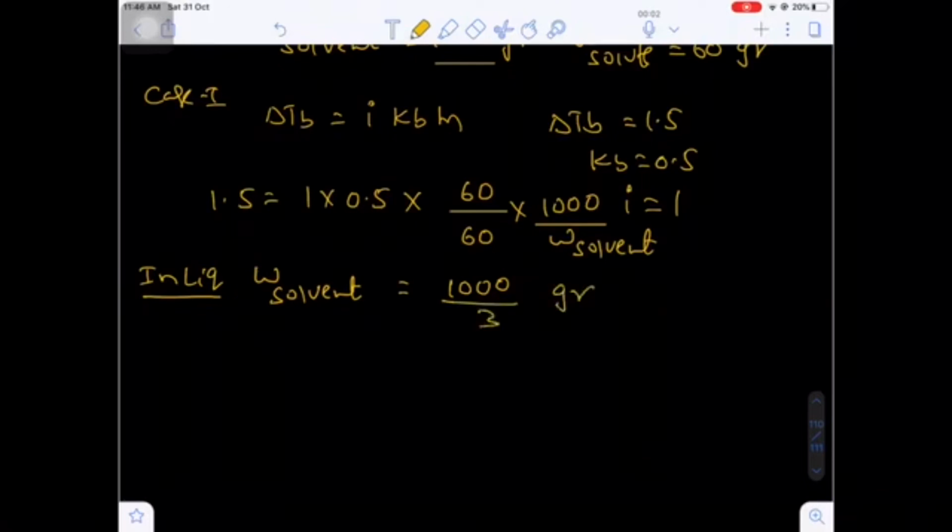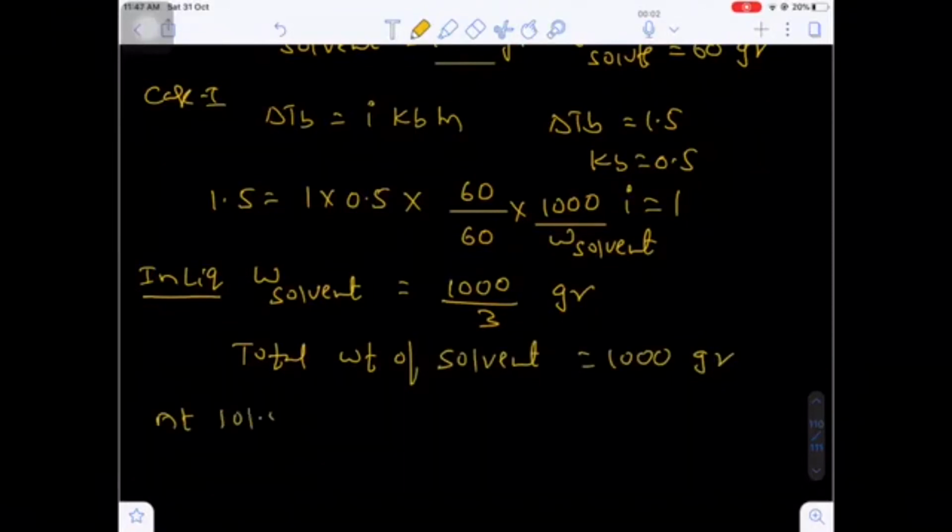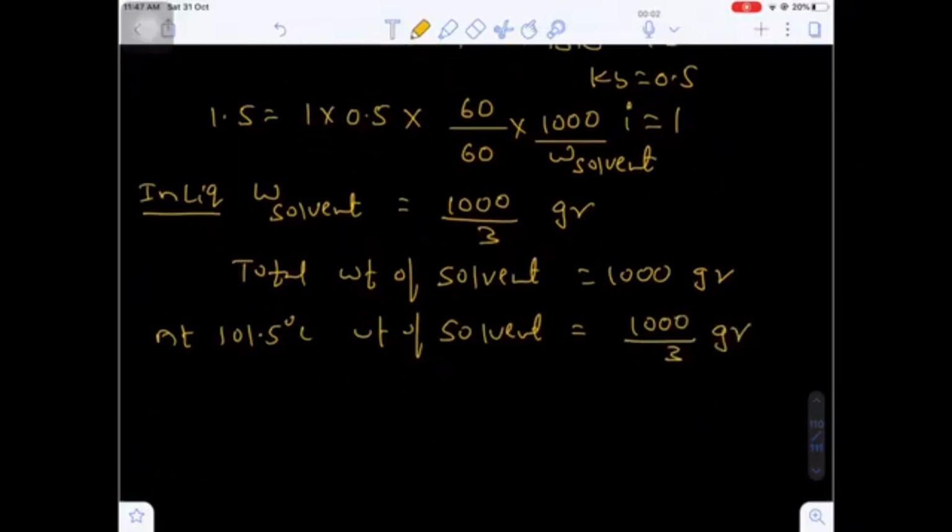Actually, the total weight of solvent will be 1000 grams. Okay. Now, at 101.5 degrees Celsius, what is the weight of solvent? Still solvent is present at 101.5 degrees. That will be 1000 by 3 grams. Whatever the remaining amount of solvent, that will undergo vaporization.